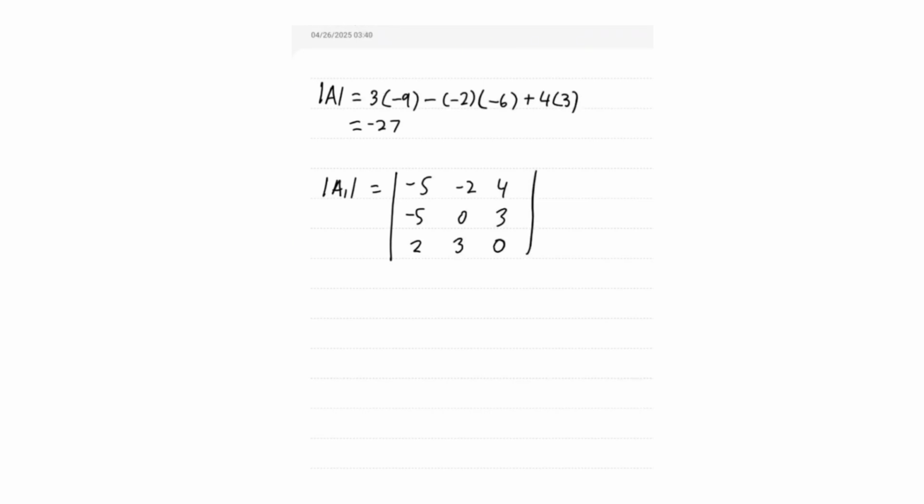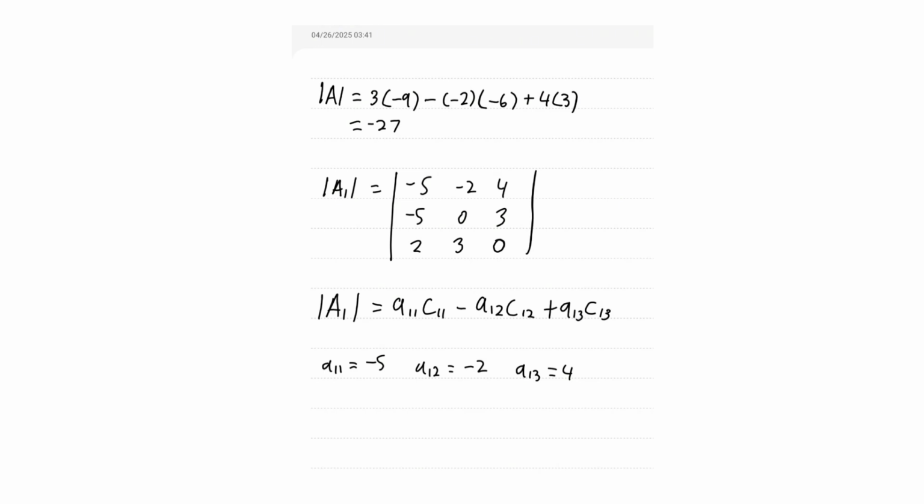Like the information above, we must find the determinant of A1 using the equation determinant A1 equals a11 times C11 minus a12 times C12 plus a13 times C13. From matrix A1, a11 is equal to -5, a12 is equal to -2, and a13 is equal to 4.